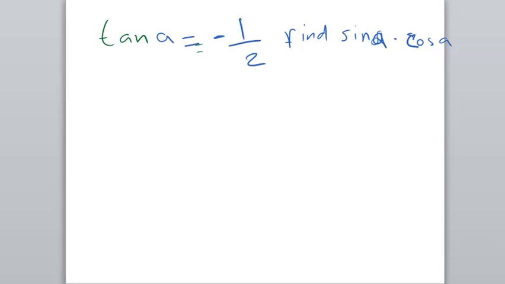Okay, let's see how we will do it. We'll of course first of all draw our triangle.